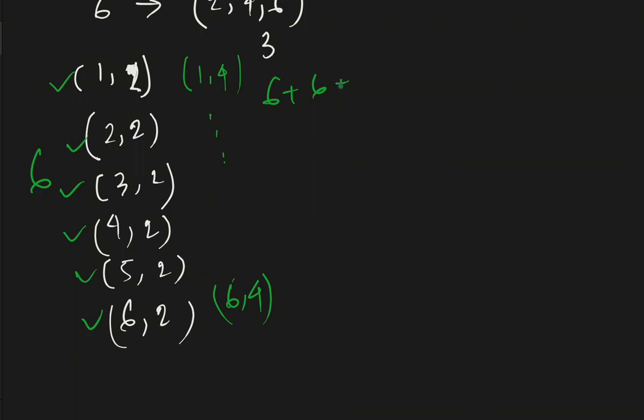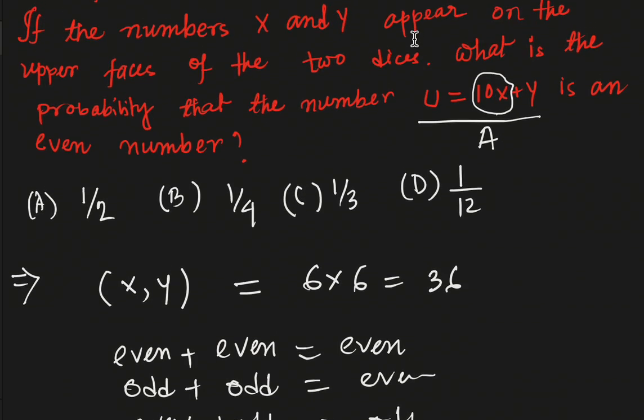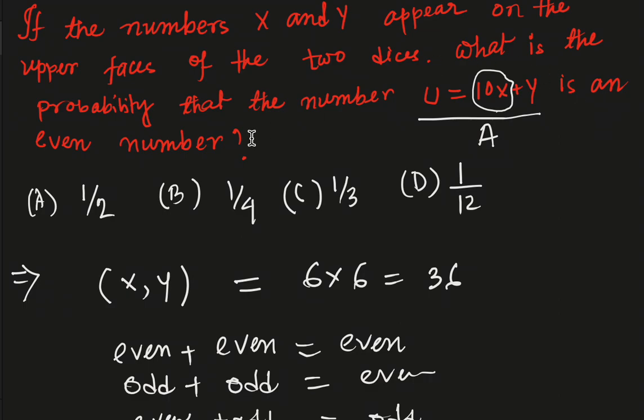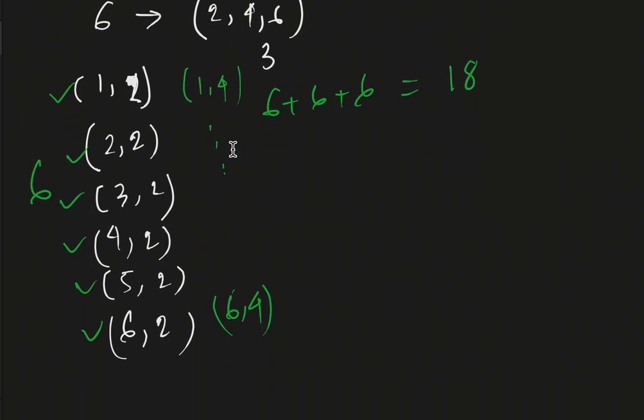So in total 18 outcomes are in favor of y being an even number. So the number of favorable outcomes m is 18, and the total size of the sample space, which are equally likely, is 36.